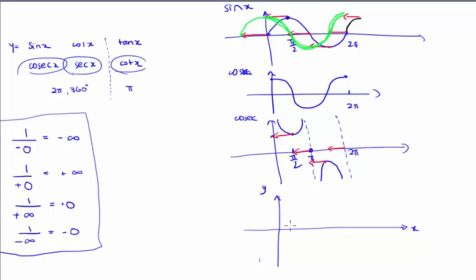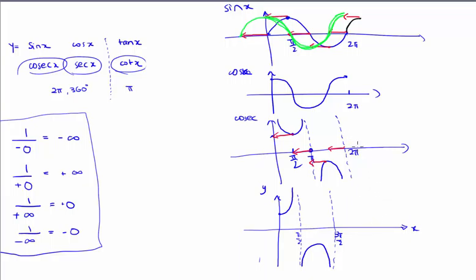Okay, so the asymptote is where pi over 2 is, and you just get that's 1 and goes up to infinity. And this 2 pi goes to where 3 pi over 2 is. So this is 3 pi over 2, and we have that.